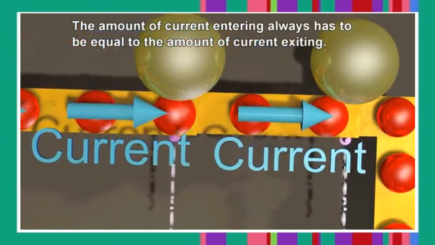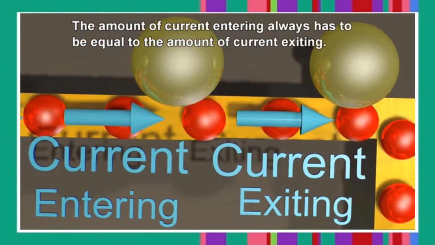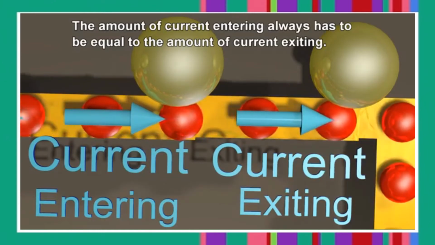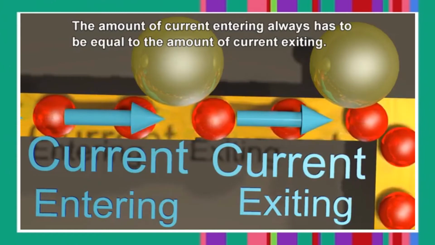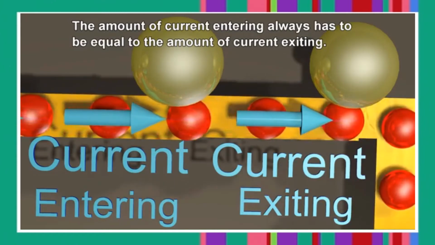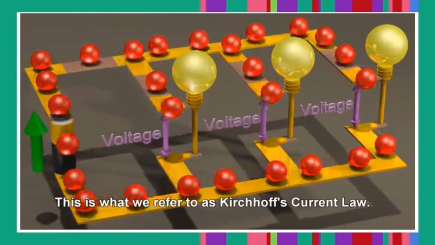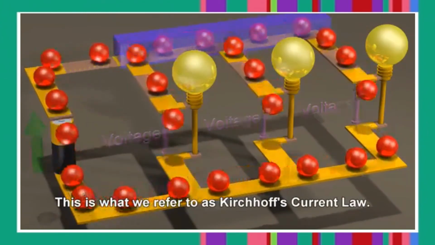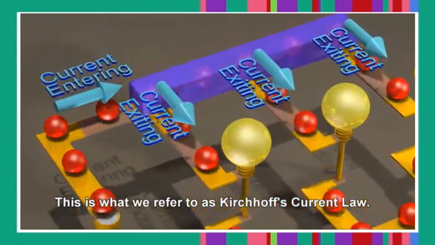The amount of current entering always has to be equal to the amount of current exiting. This is what we refer to as Kirchhoff's current law.